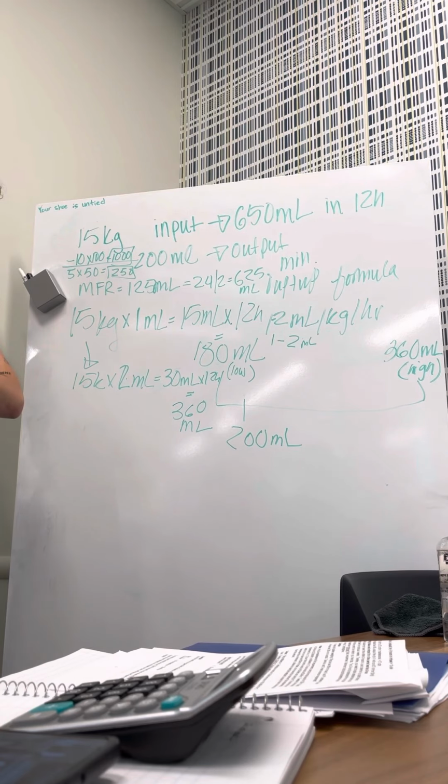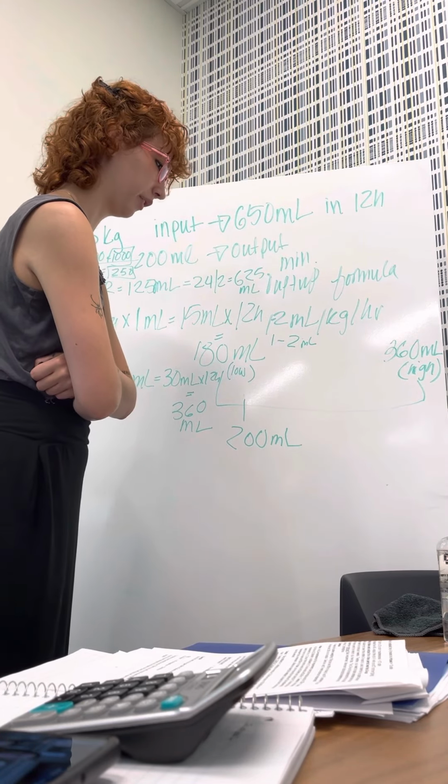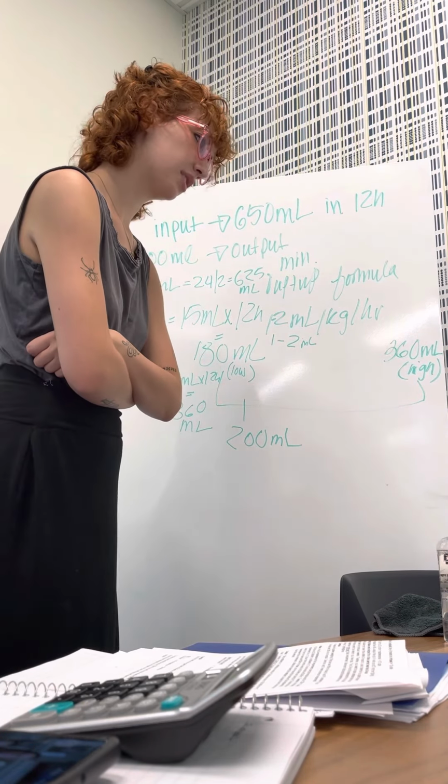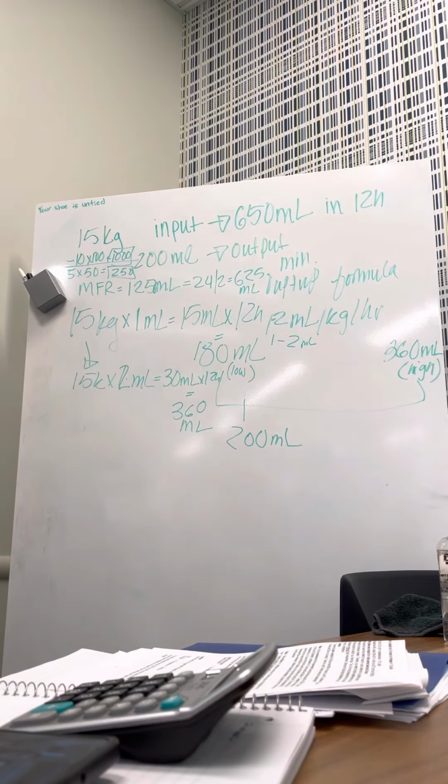Yes. So this is our example, part 2 of the output replacement rates. We are trying to calculate his input and output and his minimum output requirement and minimum fluid requirement.